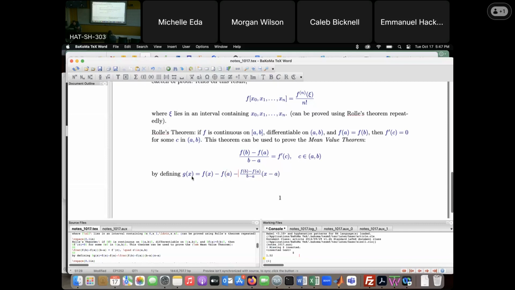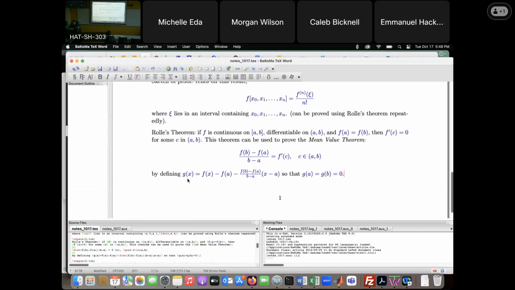I need to check this. If I plug in x equal to a, I'll get 0. If I plug in x equal to b, that cancels. Also gets 0. Yes. Wow. I got it right first try. So that g of a equals g of b equals 0.